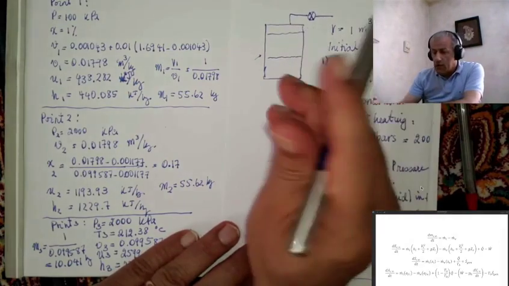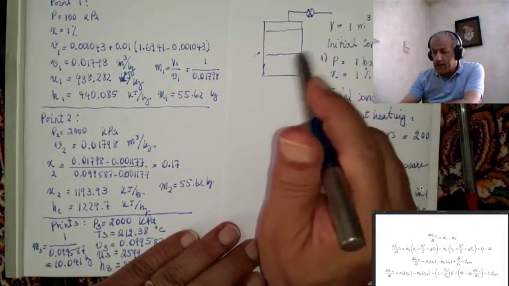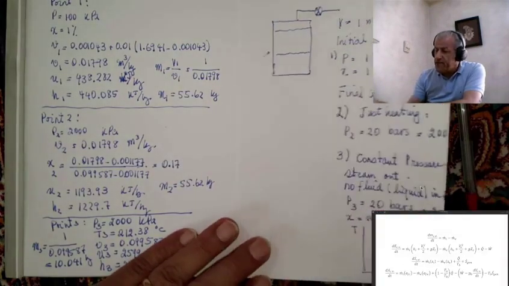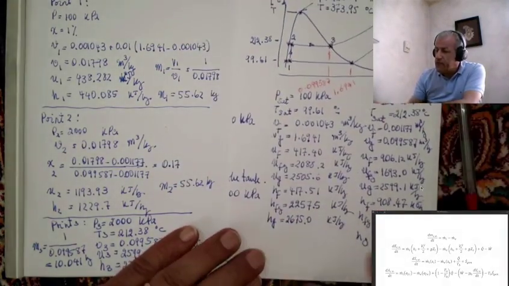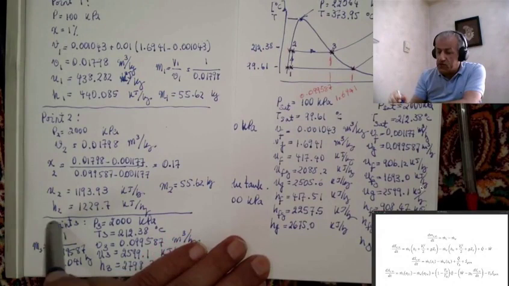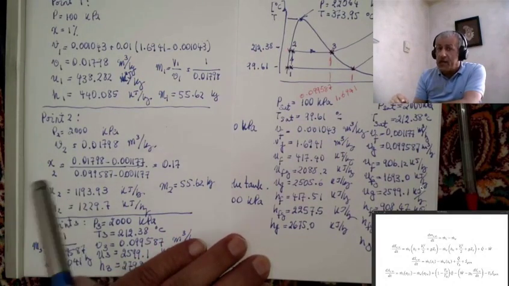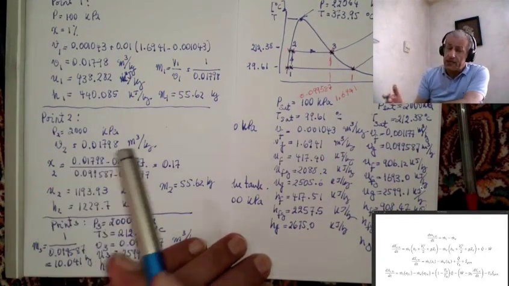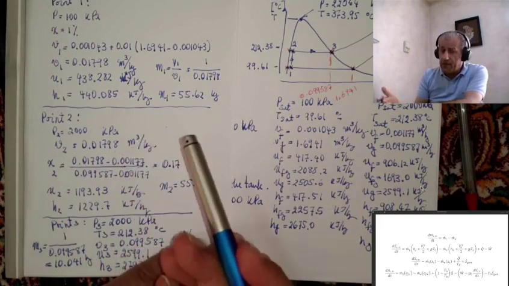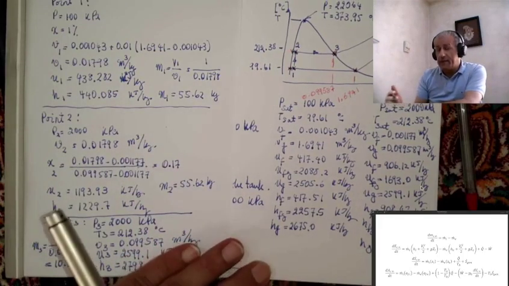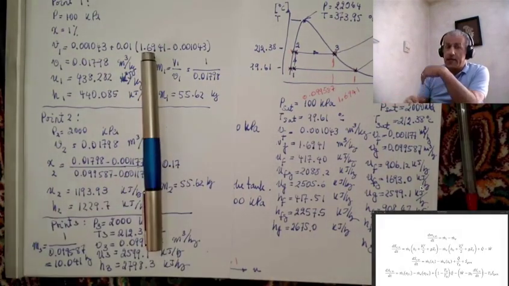So we have to be careful that the values here just mean the ratio between the mass of vapor inside the tank and the mass of liquid inside the tank.